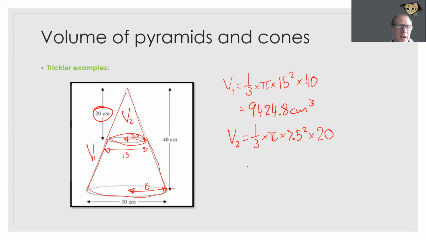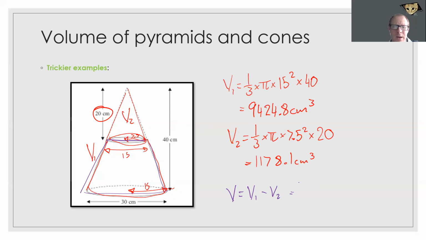So we put that one in our calculator. We get 1,178.1 centimeters cubed. If I want to find the volume of this shape here, that volume is the big cone minus the little cone.